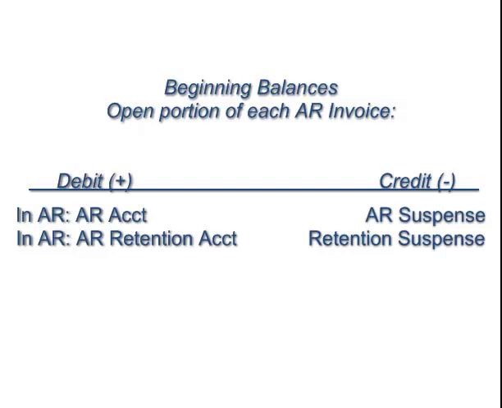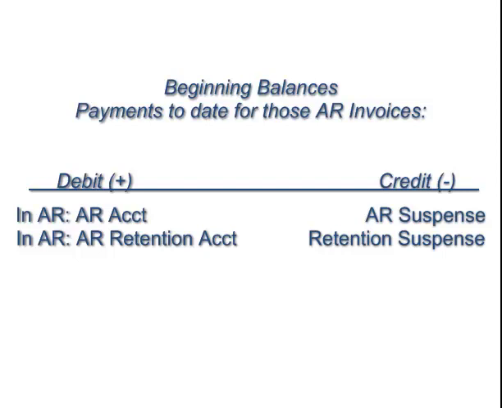The payments to date for those invoices are posted as follows: debits in AR, the AR account and the retainage account, and credits the accounts receivable suspense and retainage receivable suspense accounts. If the entries in the accounts receivable module match the value already entered in the AR suspense and/or retention suspense accounts of the general ledger, entering all of the unpaid invoices in this manner will zero them both.